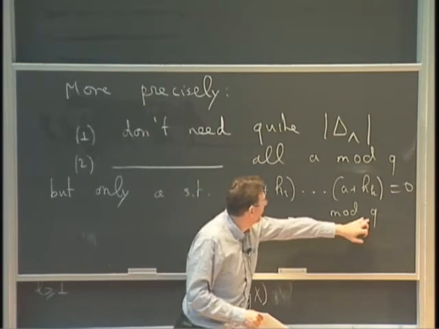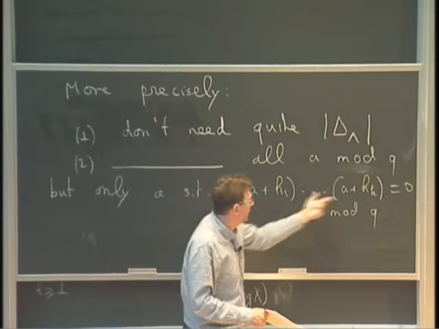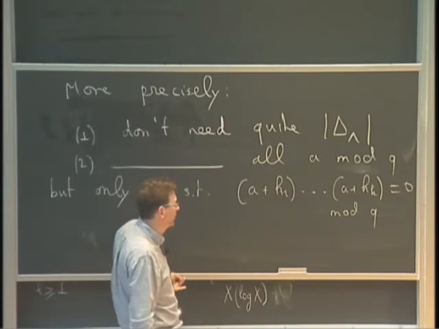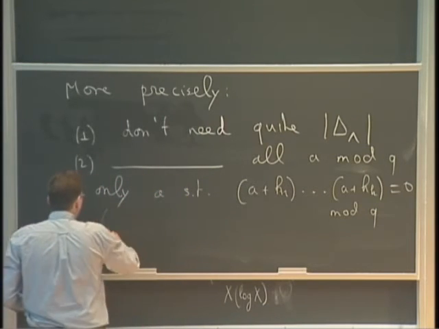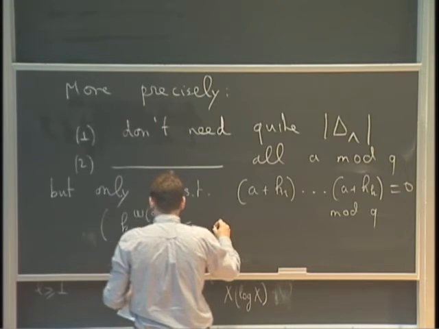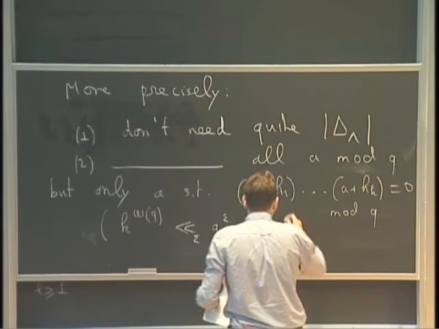So if Q is a prime and large enough, then the H_i are distinct mod Q, so you get exactly K roots, and for every prime you get K different roots, and the Chinese remainder theorem tells you that many. So that's K to the omega of Q, which is certainly less than Q to the epsilon for any positive epsilon, of such A.